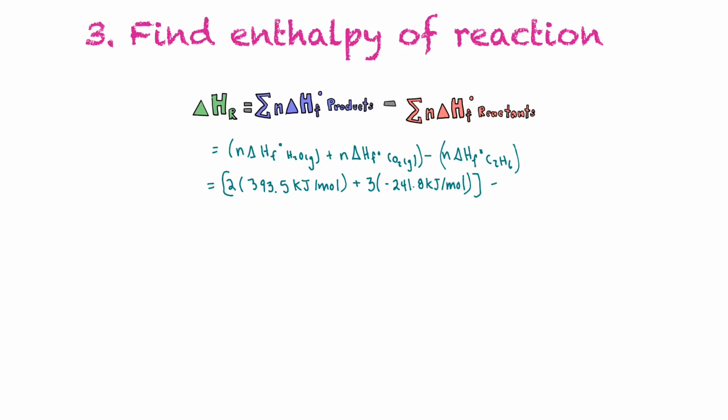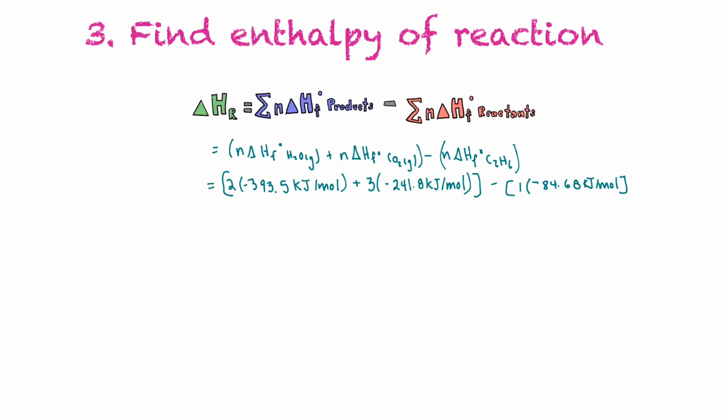We're going to subtract the formation of the reactants, and that's equal to 1 times negative 84.68 kilojoules per mole for ethane.